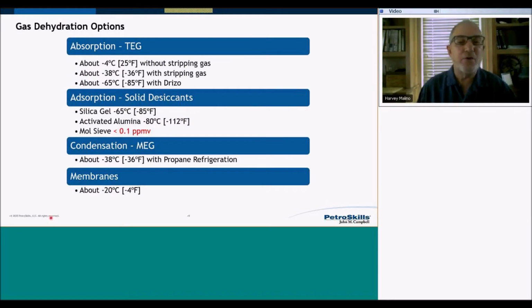There are numerous methods for dehydrating natural gas. You can see the different approaches or different technologies on the screen. You'll notice that the molecular sieves is the only technology that can get you down to less than 1/10 of a part per million by volume. As a consequence, molecular sieves are used primarily to remove water from any downstream cryogenic units, such as LNG plants and turbo expander plants.